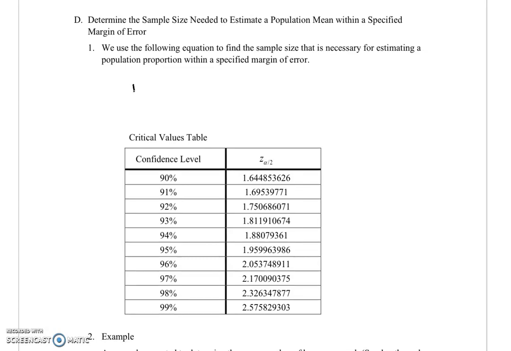This one is n equals, in parentheses, the critical value, z alpha over 2, times the sample standard deviation divided by the error, and then we square the whole thing.